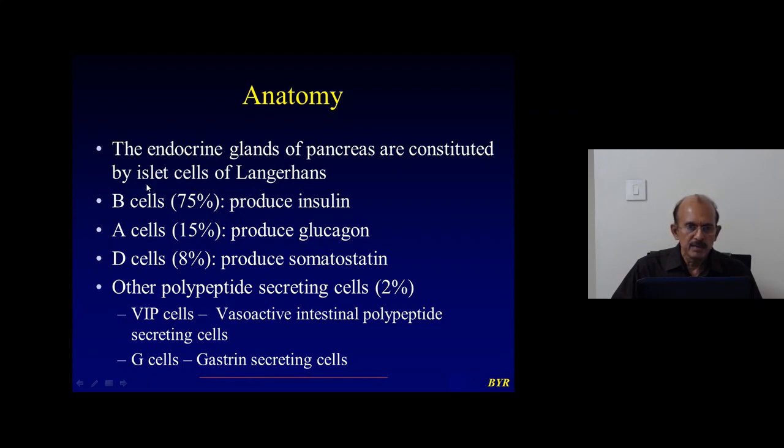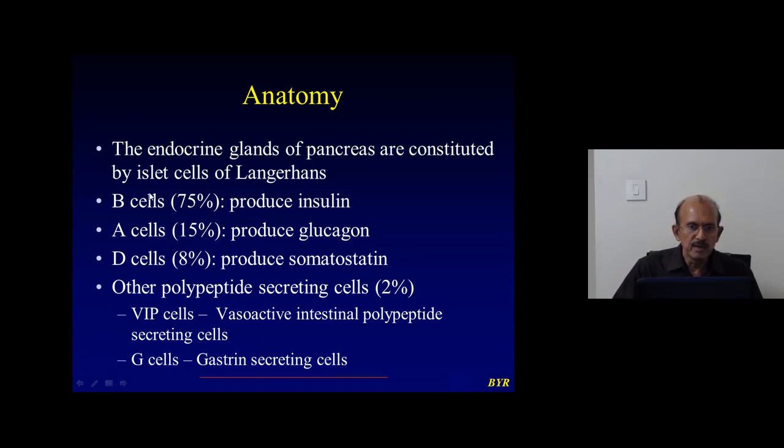The islets contain these cells. The beta cells, which produce insulin, constitute about 75%. The alpha cells produce glucagon, and they are about 15%. The D cells produce somatostatin. They constitute about 8%. There are other polypeptide secreting cells which constitute about 2%. They are the VIP cells and G cells.